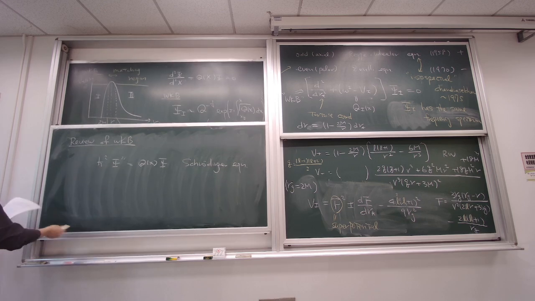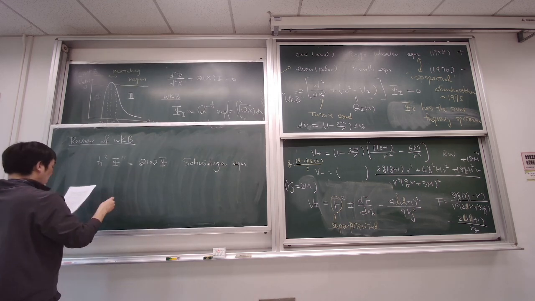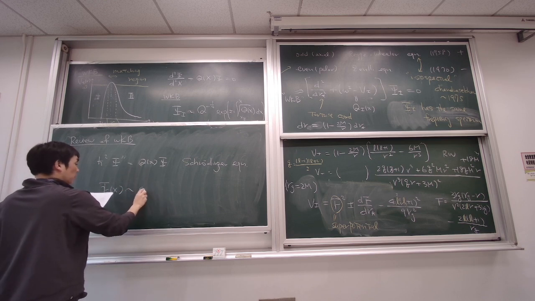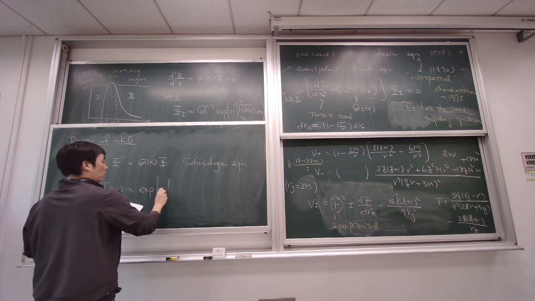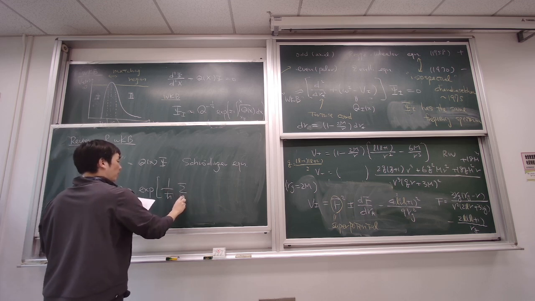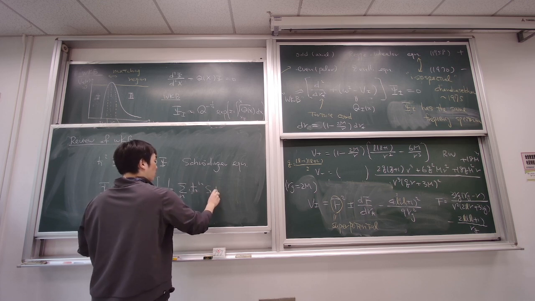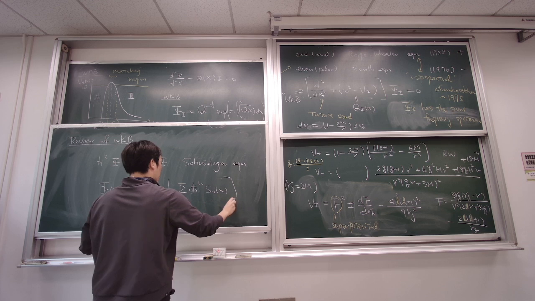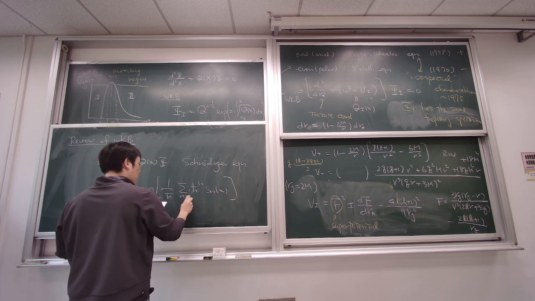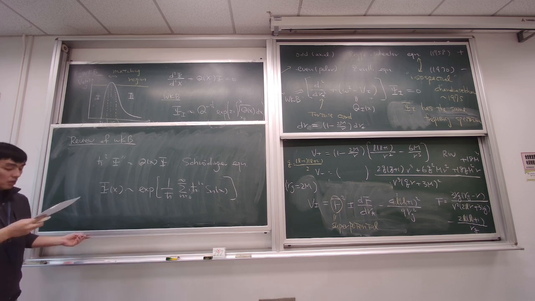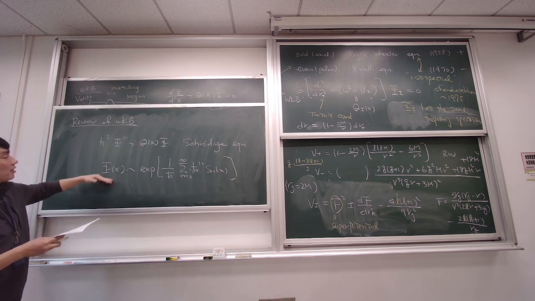Okay, and then to solve this equation, the assumption is that the wave function is something like psi equals exponential of 1 over h bar, sum over n of h bar to the n, S_n of x, where n is 0 to infinity. So that's our assumption. Plug this into here.